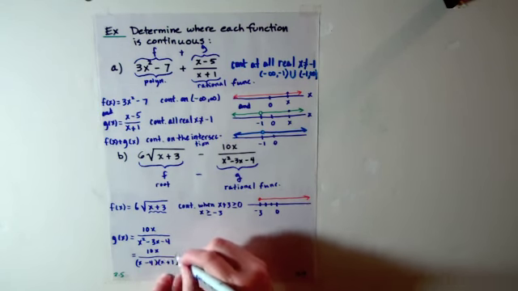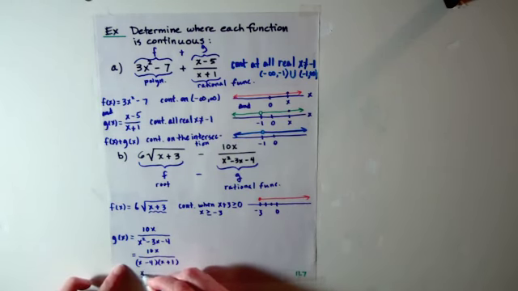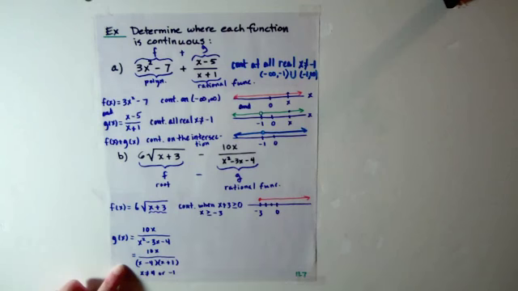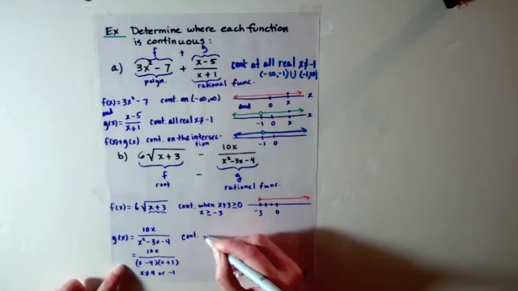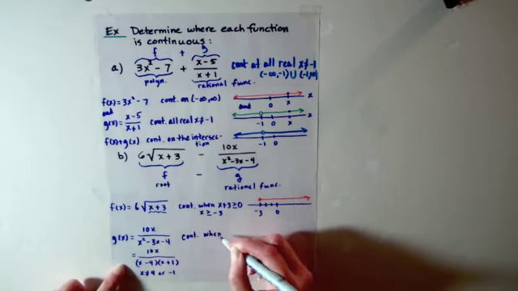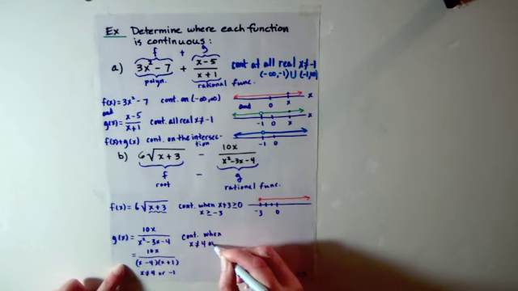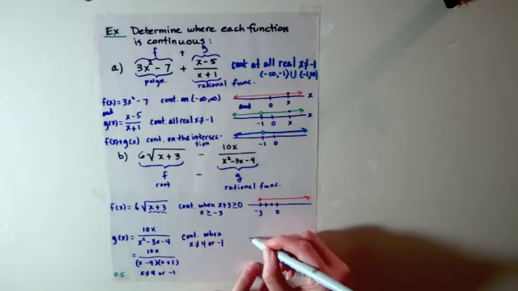So this would be defined as long as x is not equal to 4, that would make this factor 0, or negative 1, that would make this factor 0. So g is continuous when x is not equal to 4 or negative 1. It's continuous for all real numbers except for 4 or negative 1, where it is discontinuous.